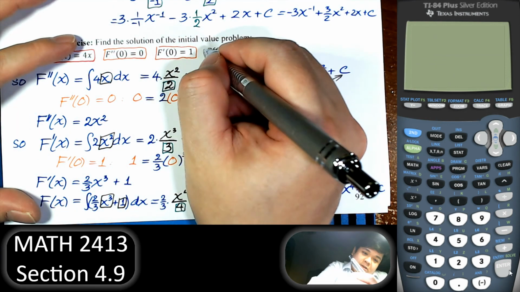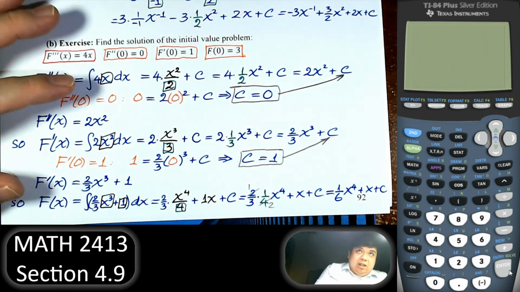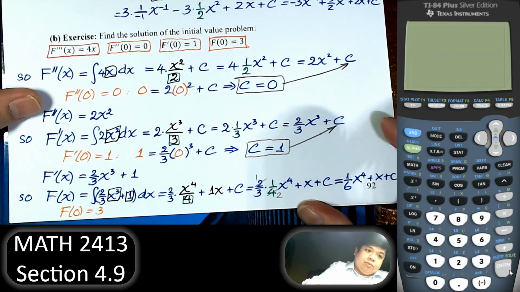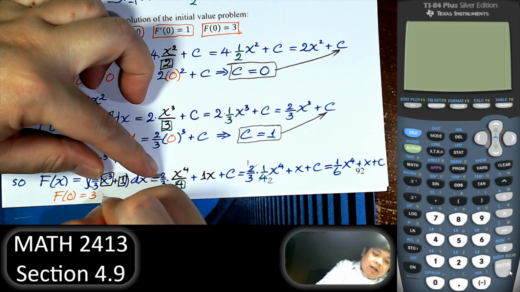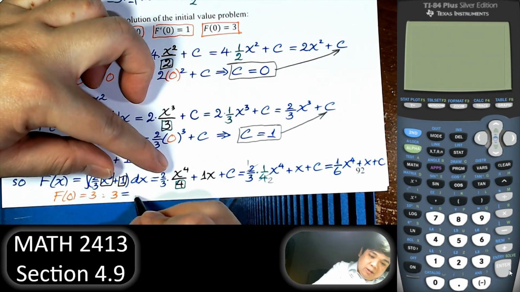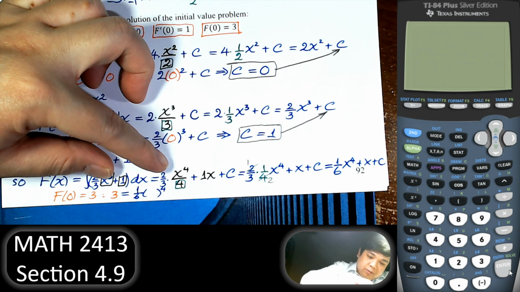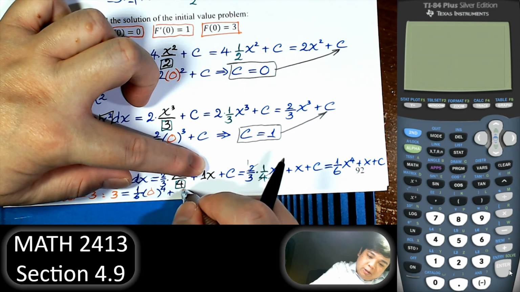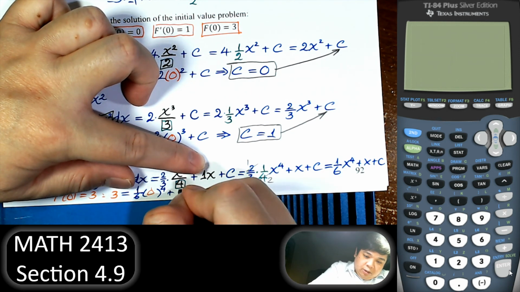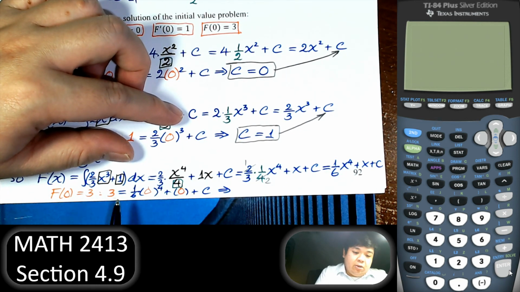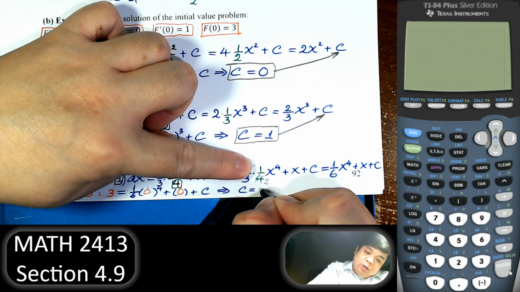And we have the last initial condition, f of 0 equal to 3, meaning that it is equal to 3 when we put 0 in for x. Of course, when we do that, the x terms are 0, so c is equal to 3.